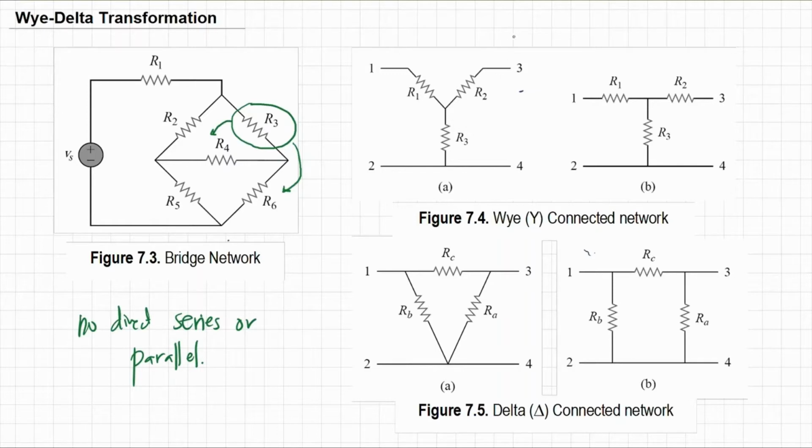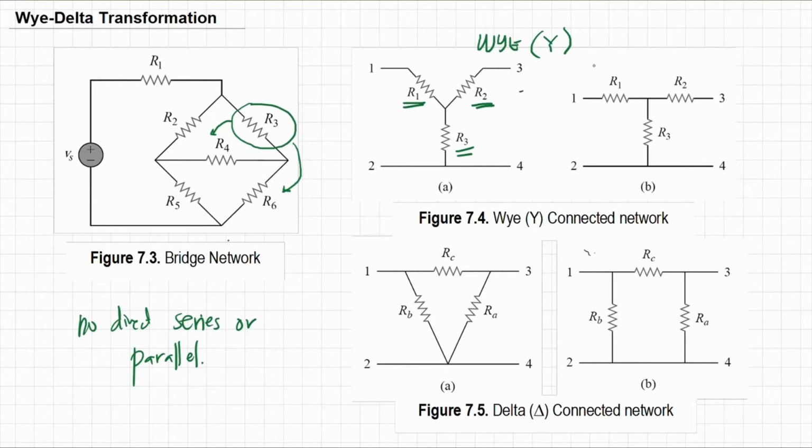For a Y-connected network, we can see in figure 7.4 that it is composed of three resistances, say R1, R2, and R3, connected at one end to a common node, say node 0, and the rest of their terminals are connected elsewhere. So makikita natin in figure 7.4 that it can be written in the form of letter Y or it can be written in the form of letter T.